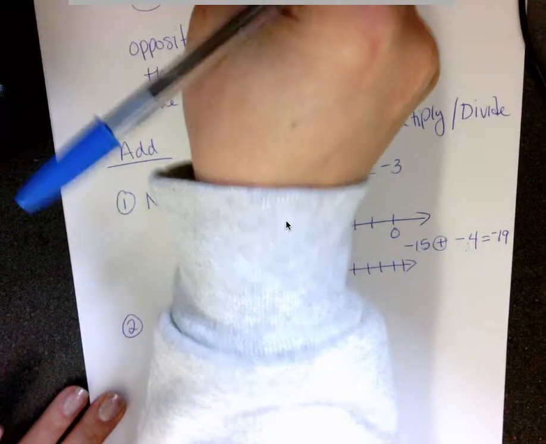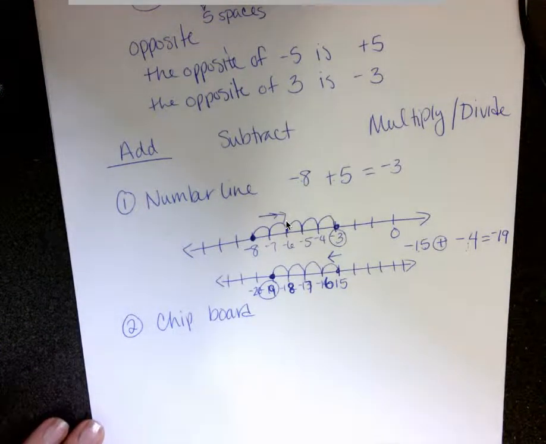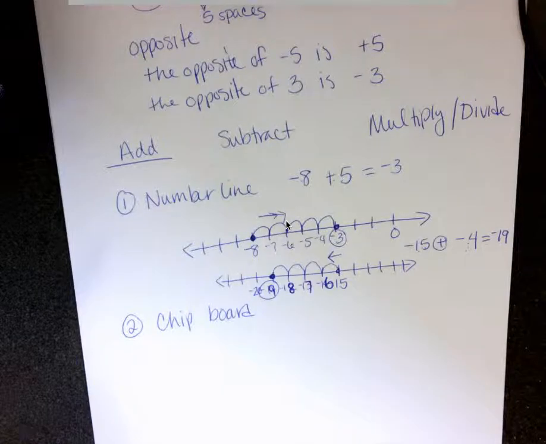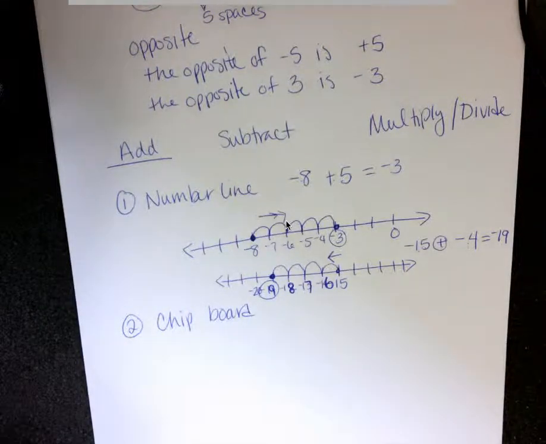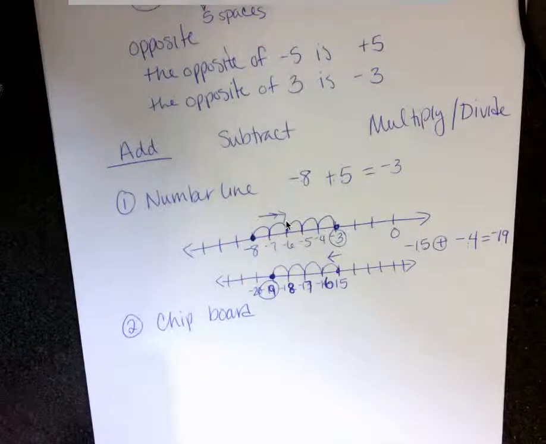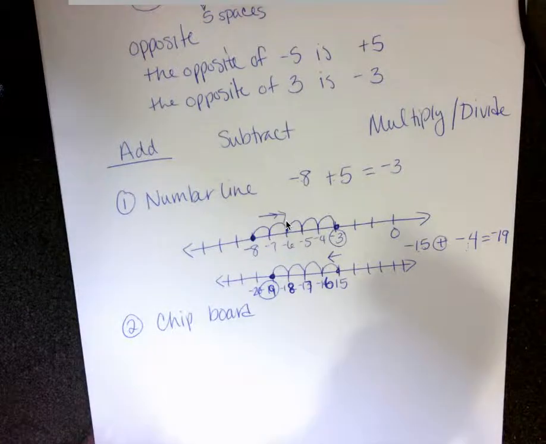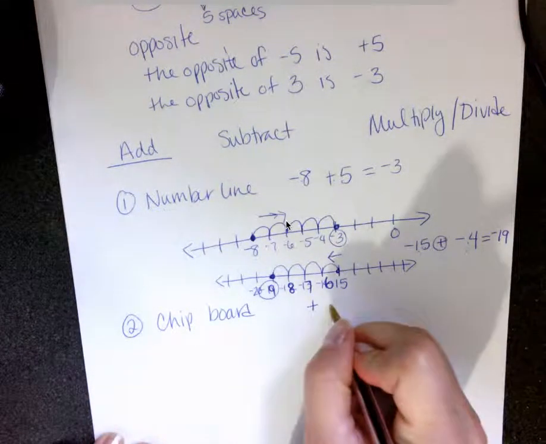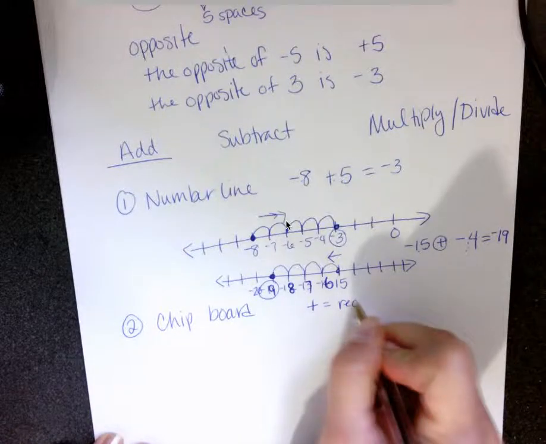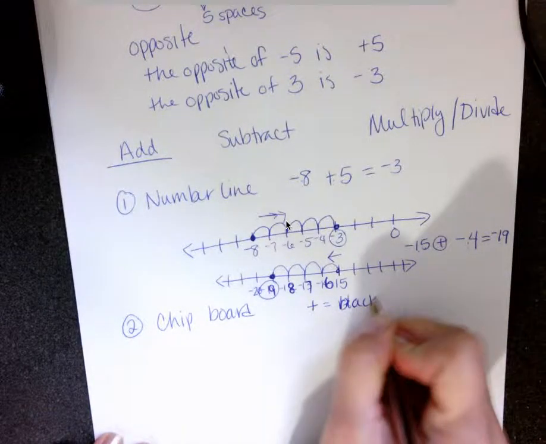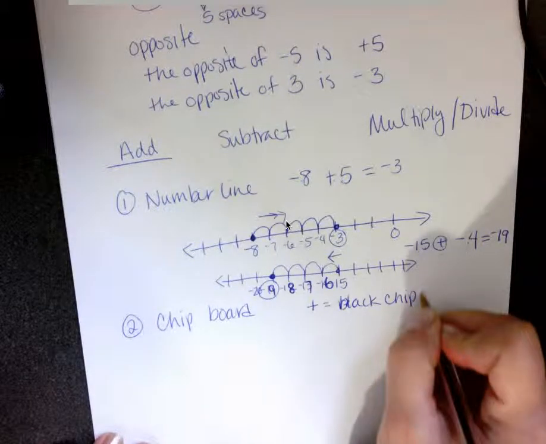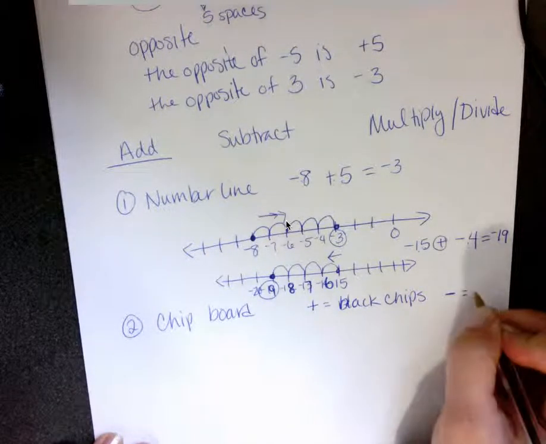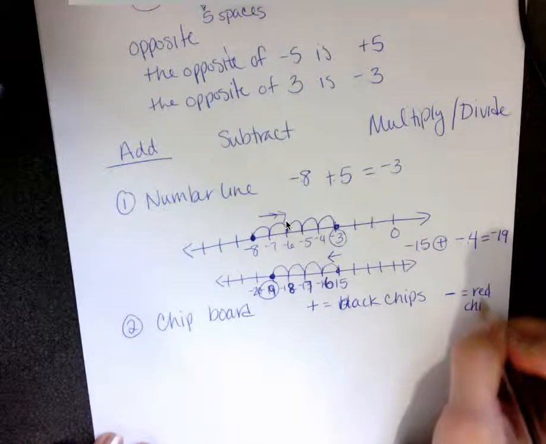Move this down a little bit. If I have a chipboard, this works a little bit different, and this is how we can use it in your class. You can actually print out red and black chips if you want. I'm actually just going to use positive and negative for right now. So these are going to be my positive black chips, and negative is going to be my red chips, okay?